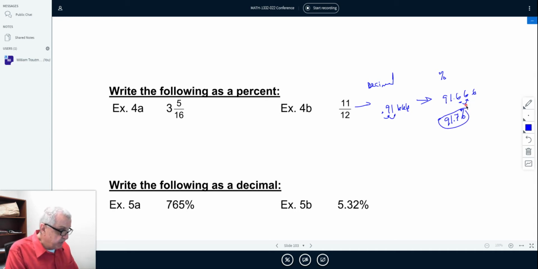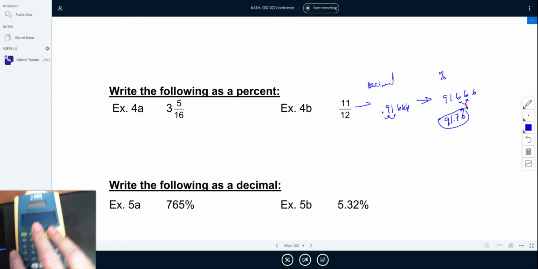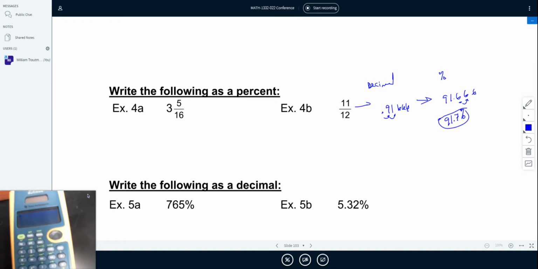There's another way on our calculator to change it to a percent, and I want to show that on the calculator that we're using for this class. 11 over 12 as a fraction.